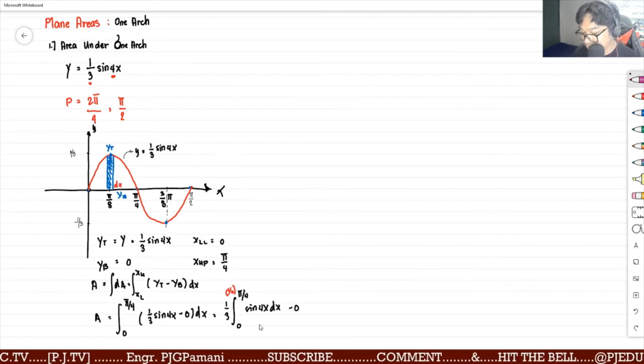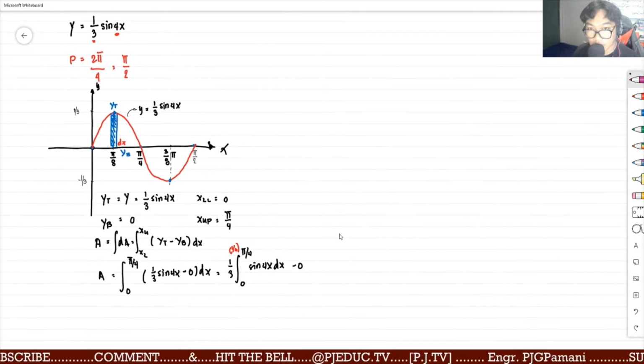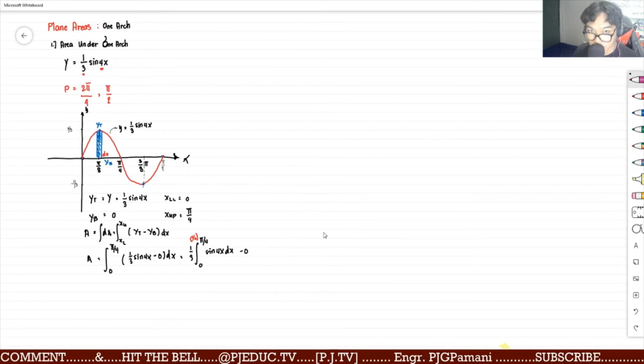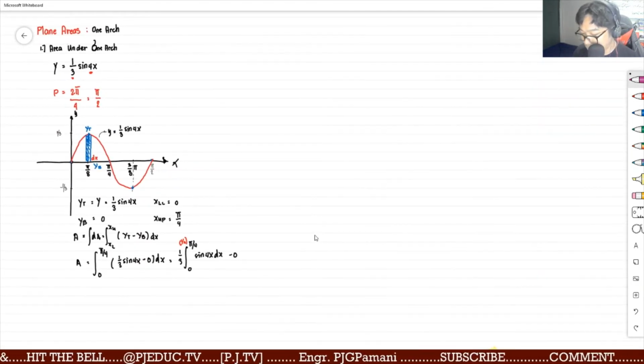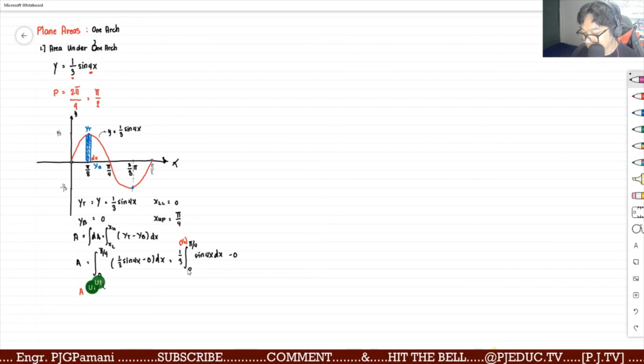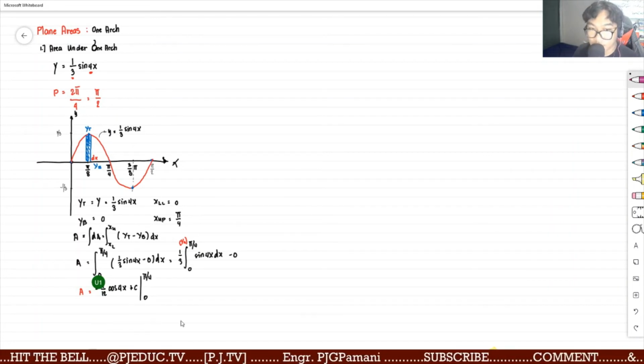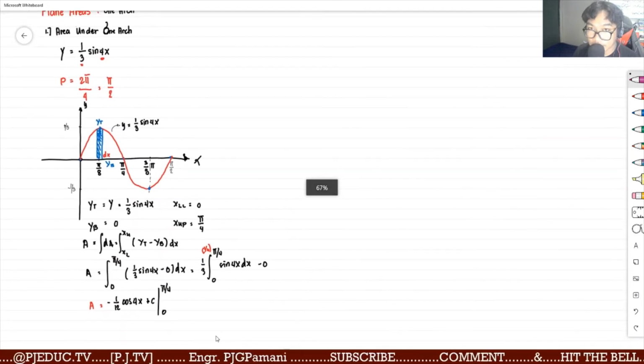Then, integral of sine is simply negative cosine. So, area is simply equal to 1/3 times 1/4 is negative 1 over 12 cosine 4x plus c. Upper limit, pi over 4. Lower limit is 0. Nababasa pa ba?